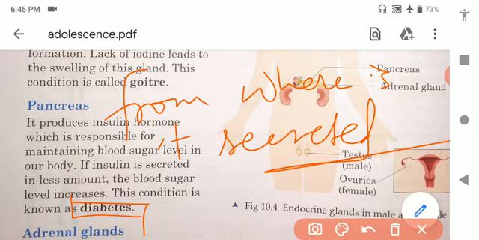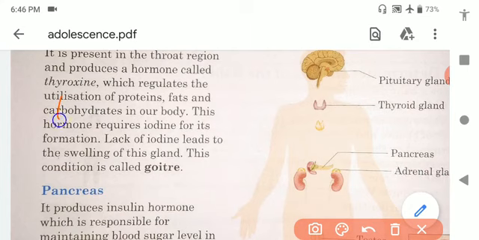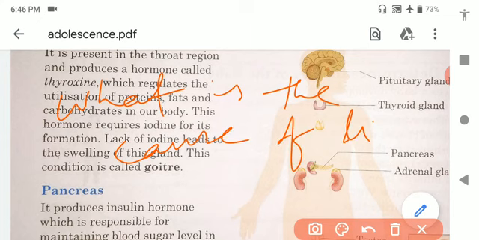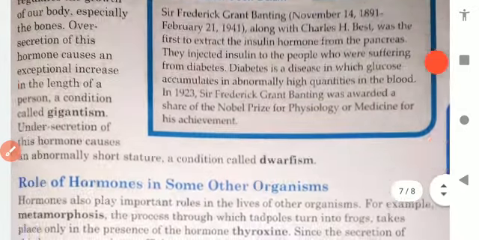What is the cause of diabetes? Note down the question. What is the cause of diabetes? It is another question. Hope you understood the whole phenomenon that has taken place.